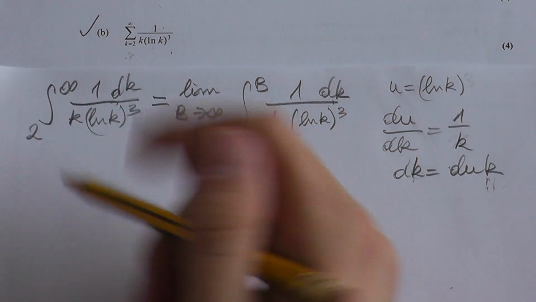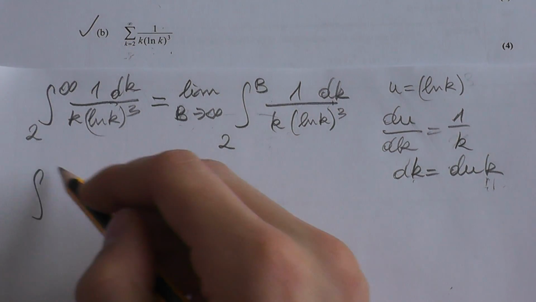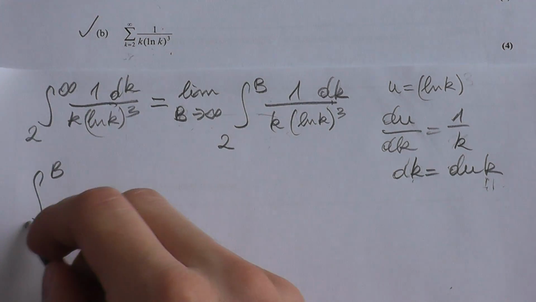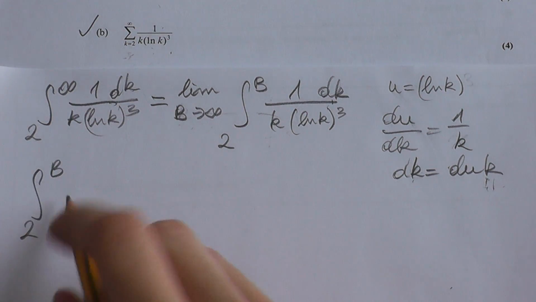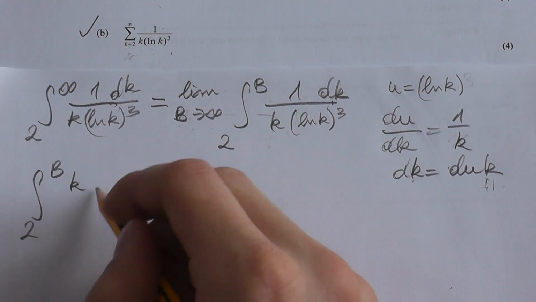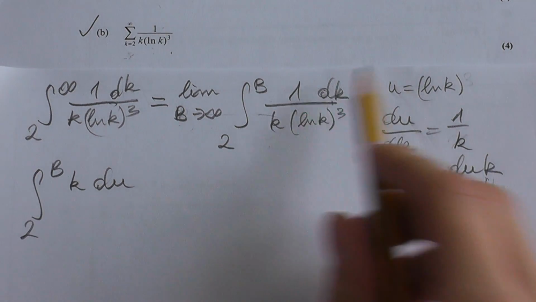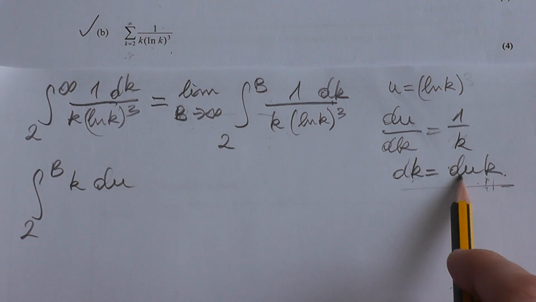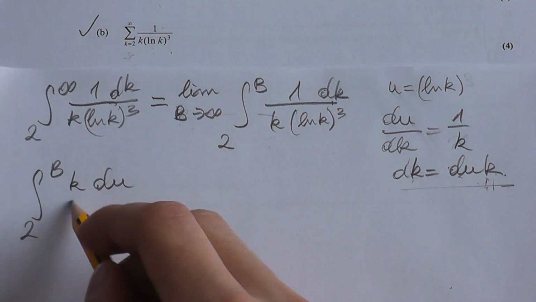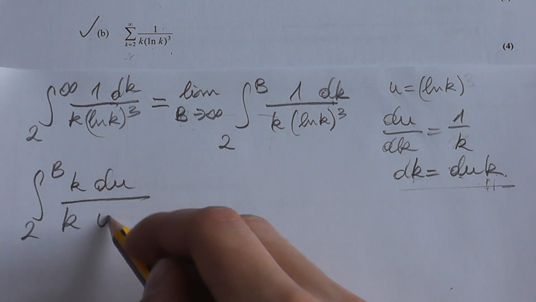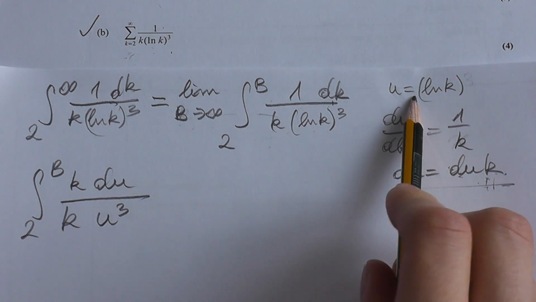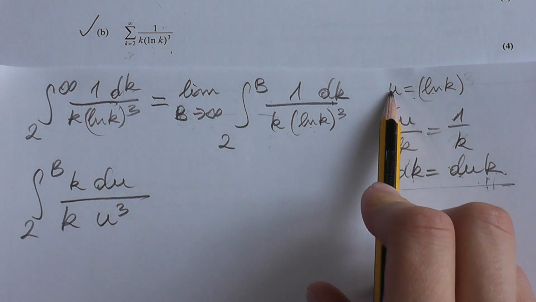So what we have now is the integral from 2 to b of k du over k u cubed, because I have substituted ln k as u.